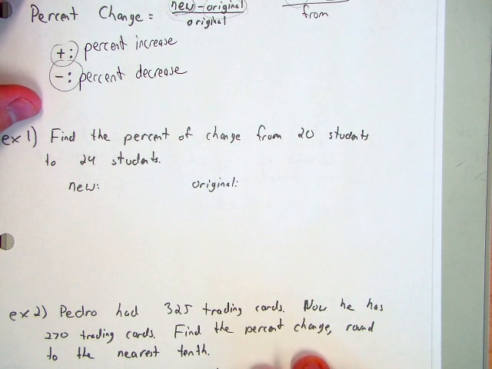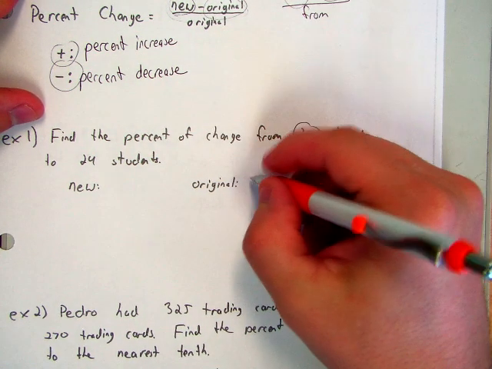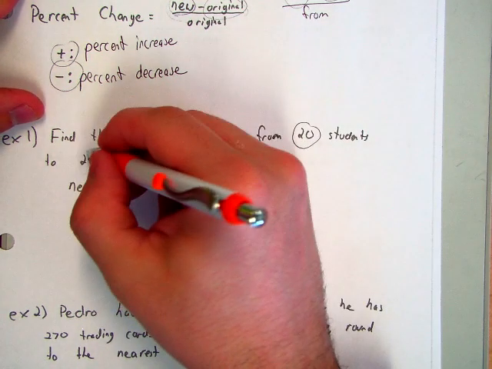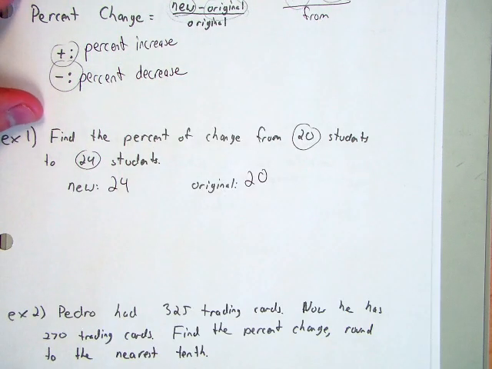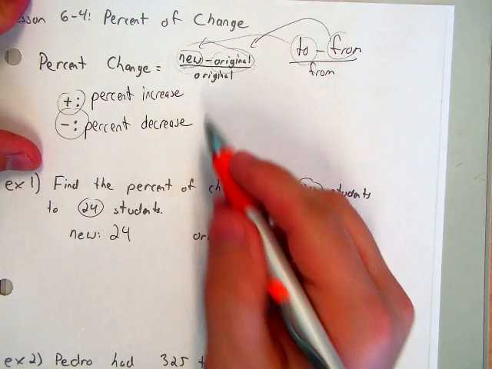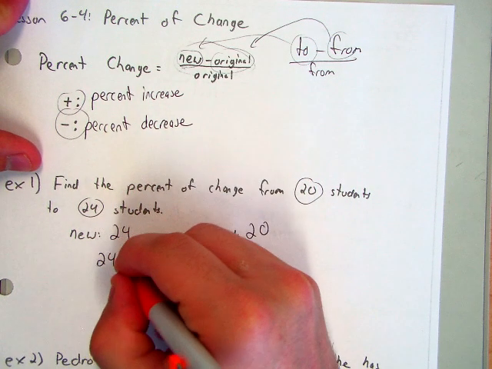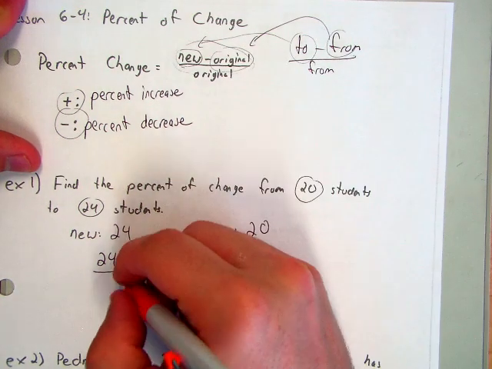It says find the percent of change from 20 students to 24 students. So the from 20, that's my original, and the to 24 is my new. So if I look at the equation up on top, new minus original, so it'll be 24 minus 20, and then divided by the original, which is 20.